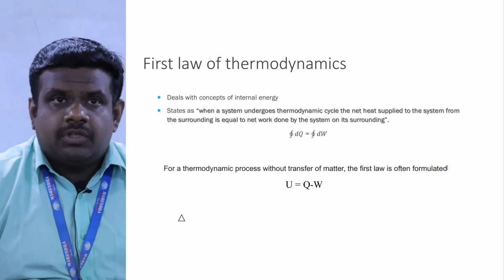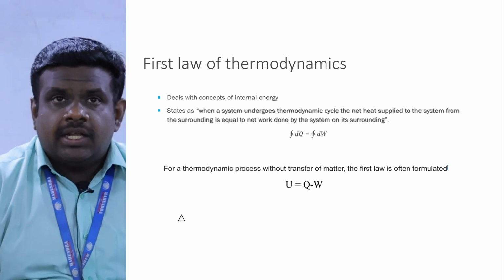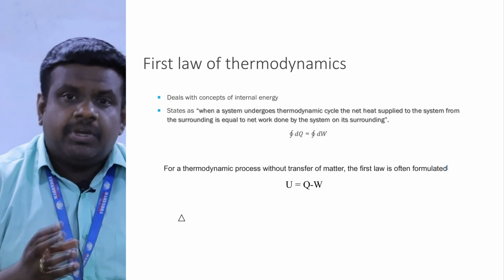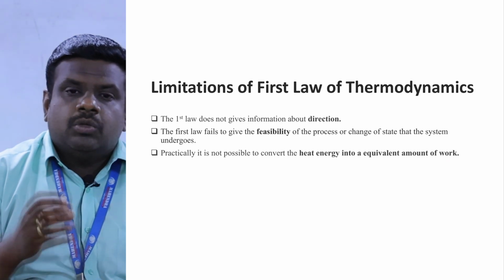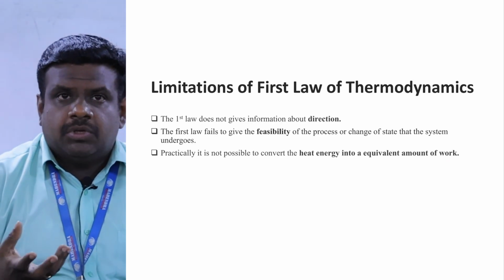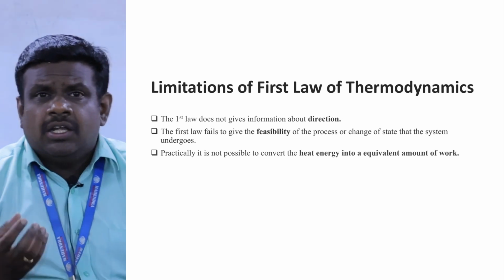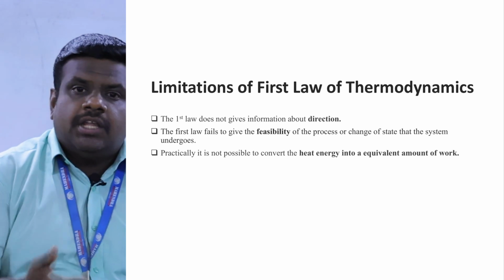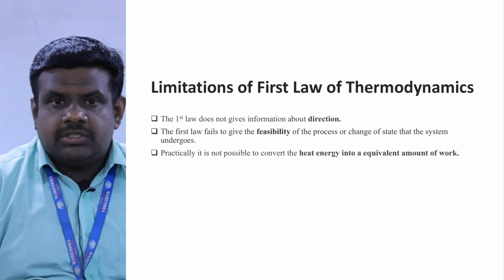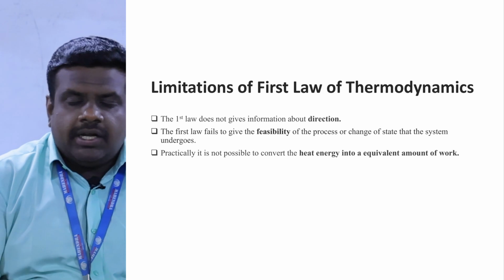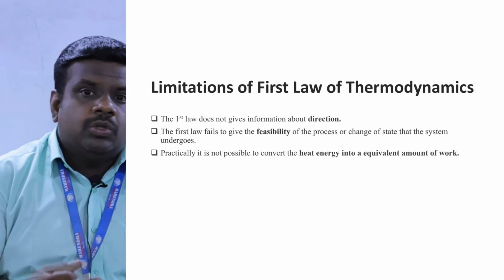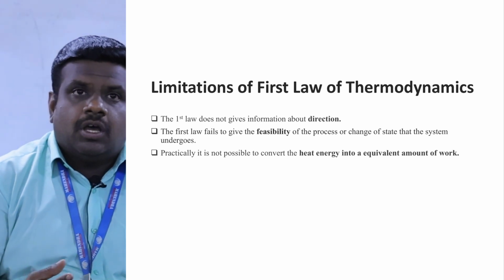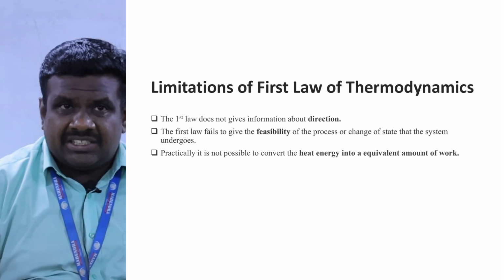Next is the first law of thermodynamics. It states that when a system undergoes a thermodynamic cycle, the net heat supplied to the system is equal to the net work done by the system. Due to some limitations, this law falls short, and the second law of thermodynamics was invented. There are mainly three reasons. First, the first law does not give any information about the direction.